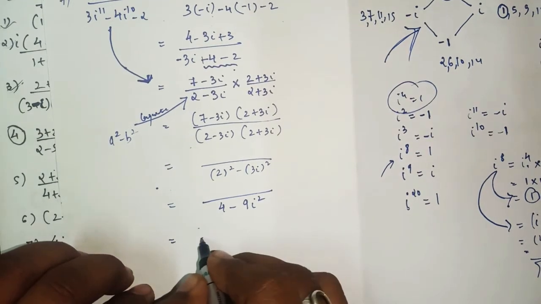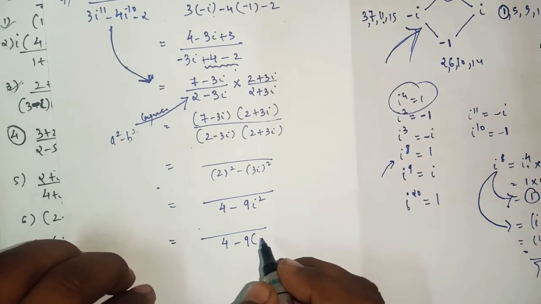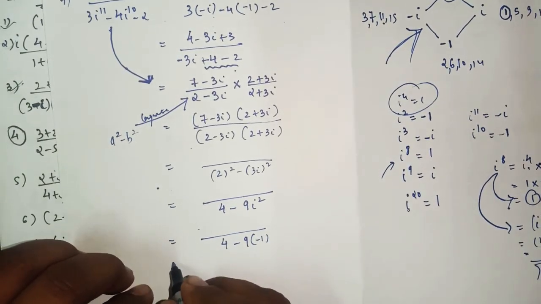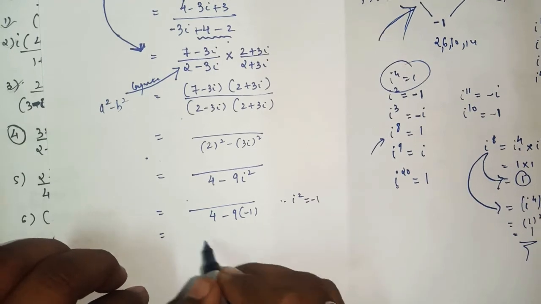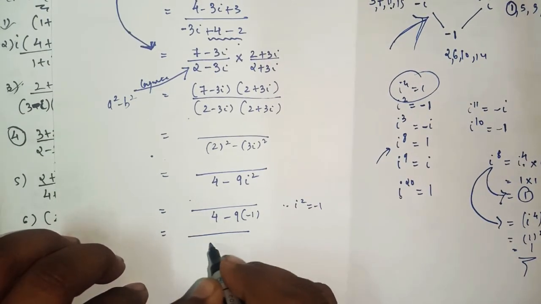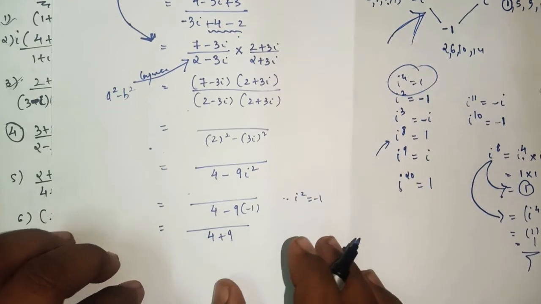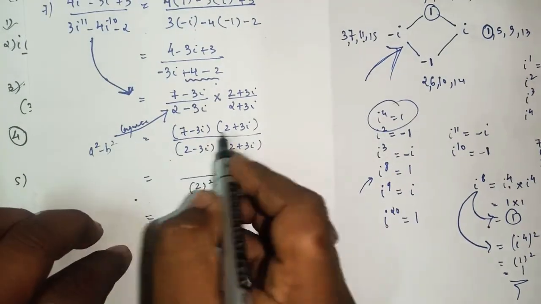The next, 4 minus, the value of i square is what? Minus 1. So all this you have to mention in the reason. So this will be what? 4 plus 9. So 4 plus 9 is what? 13.